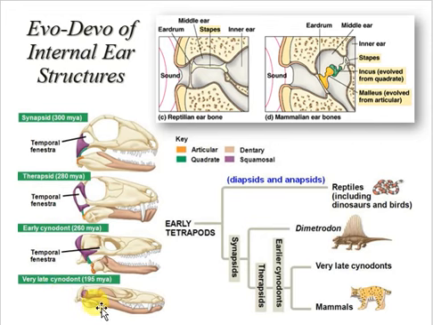In mammals, this articulation actually occurs at a different region. It actually occurs between the squamosal and dentary bones. So because it occurs at a different location, it essentially, quote unquote, frees up the articular and quadrate bones, which allows them to acquire new functions.